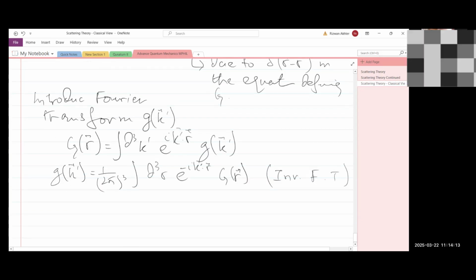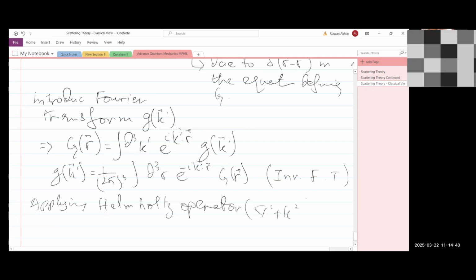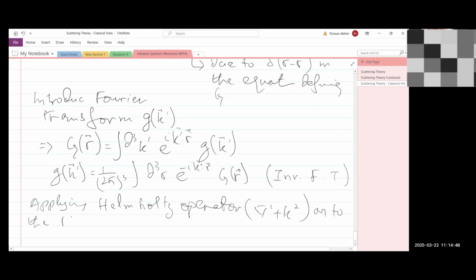And so we can apply the Helmholtz operator, del square plus k square, onto this Fourier transformation. So, applying the Helmholtz operator. And what is this Helmholtz operator? The Helmholtz operator is del square plus k square, onto the Fourier transform.